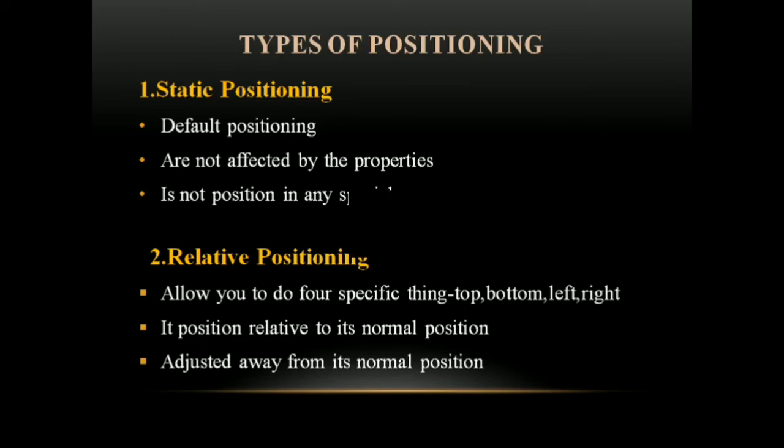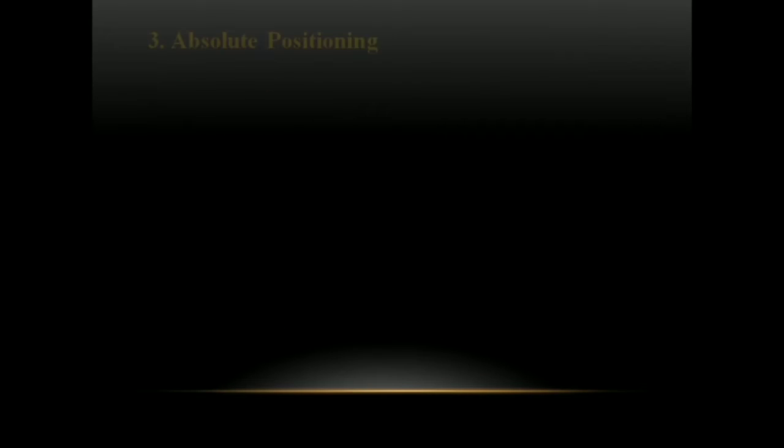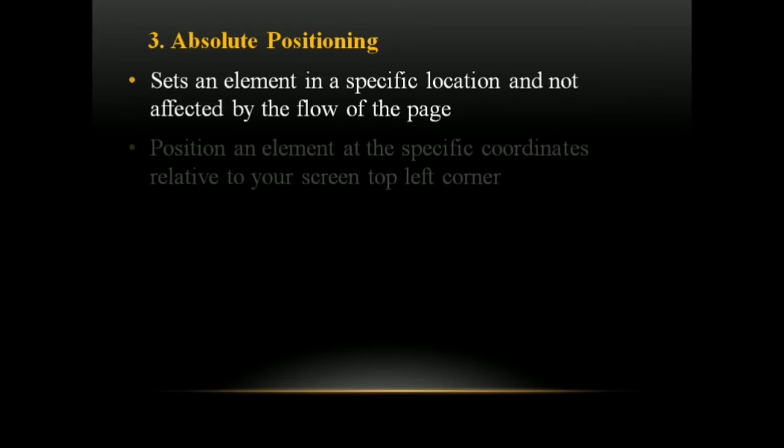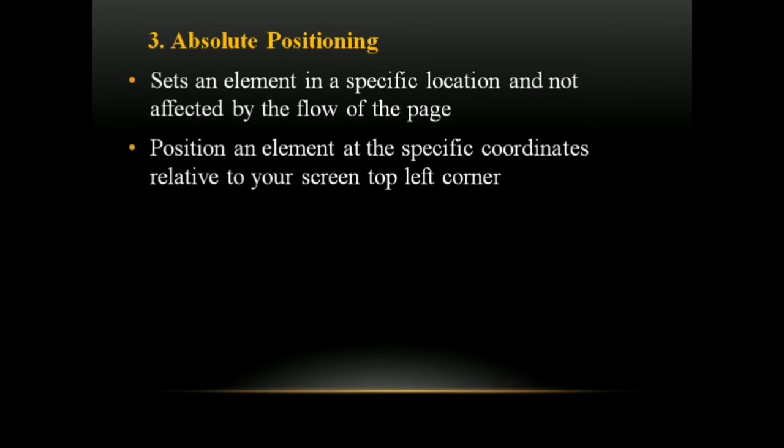The third type is absolute positioning. This property sets an element in a specific location and it is not affected by the flow of the page. These properties position the element on specific coordinates relative to your screen's top left corner. The position of an element is set from the edges of the browser window.